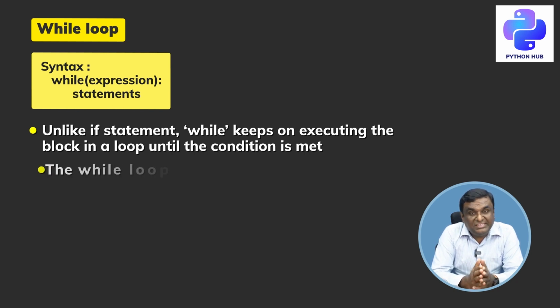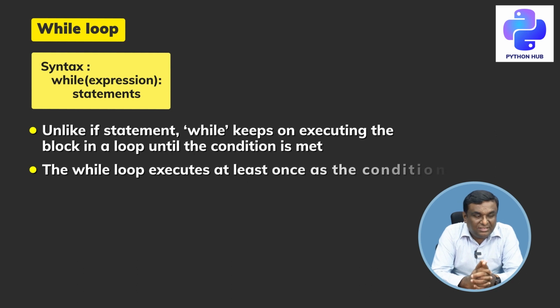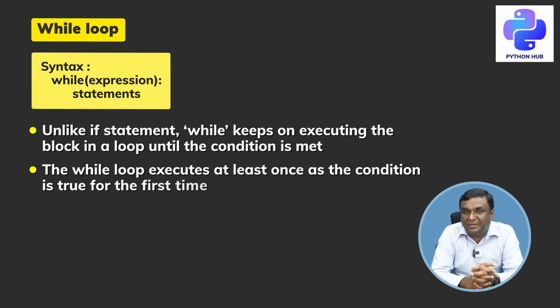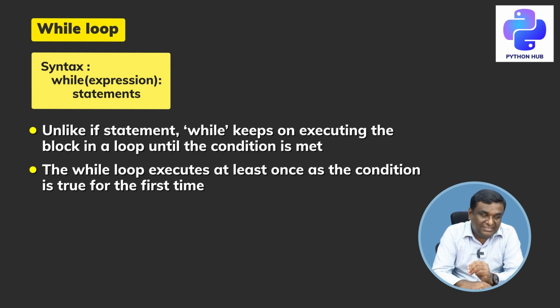The while loop executes at least once as the condition is true for the first time. That may not be the case with for also. But here you're executing it at least once because you execute the condition and then you execute the statements and then you check the condition. So this makes a difference.